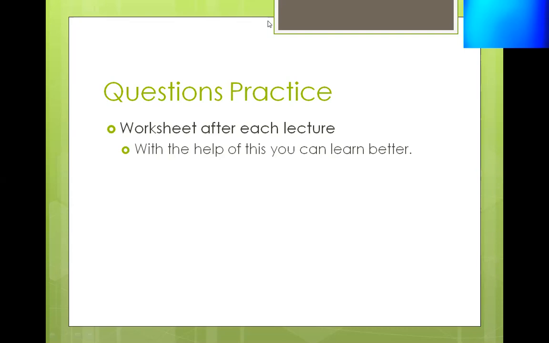It depends upon the nature and type of the topic which you are going to cover. And this makes you practice a lot. Naturally, we are going to have short questions and essay type questions as well, because these are the types of questions which are going to be covered in the examinations.